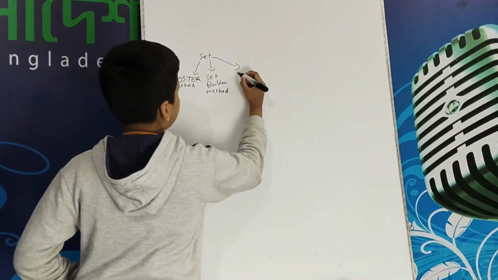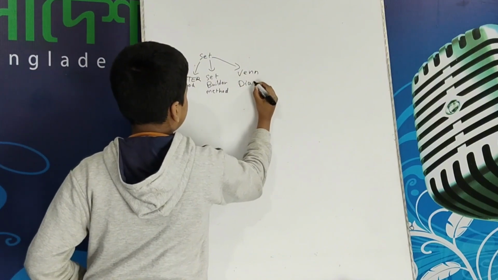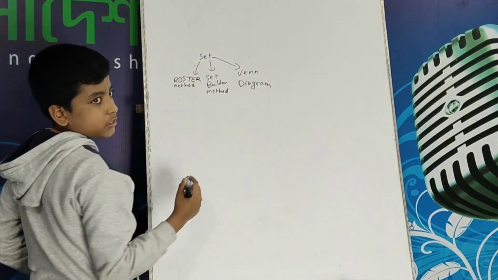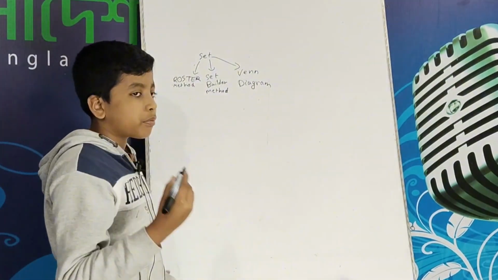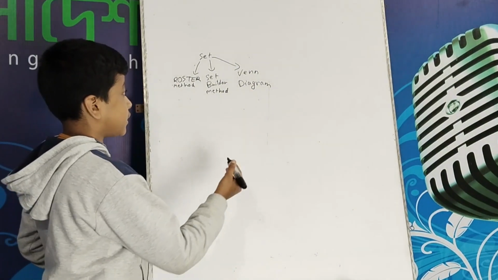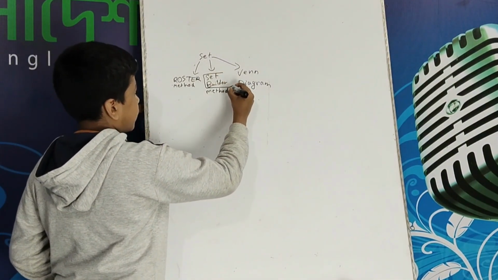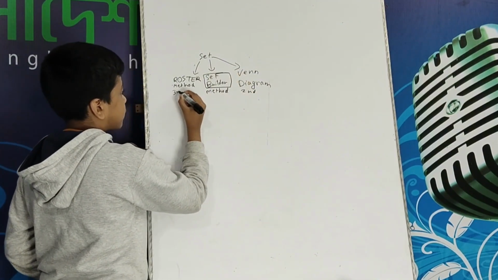And the other method is the Venn diagram. Now this is a visual way. Like if you're a visual learner, this will probably help you a lot. Although I do recommend the set builder method. This is probably the best one. This is probably the second best, and this is probably the worst.